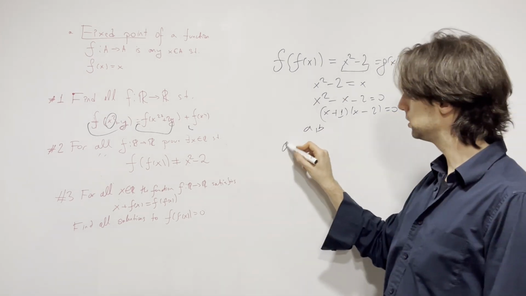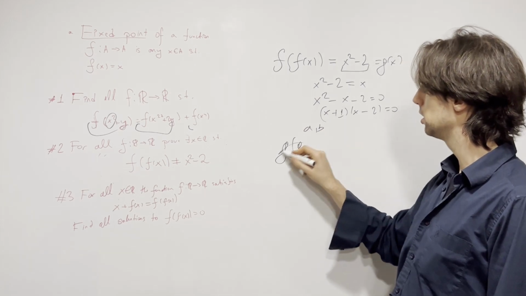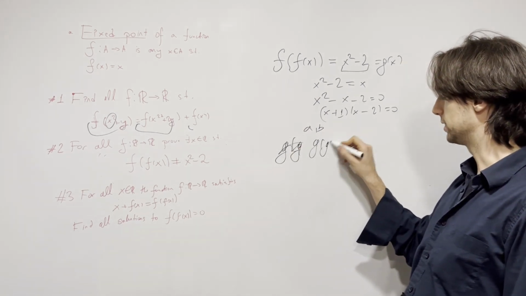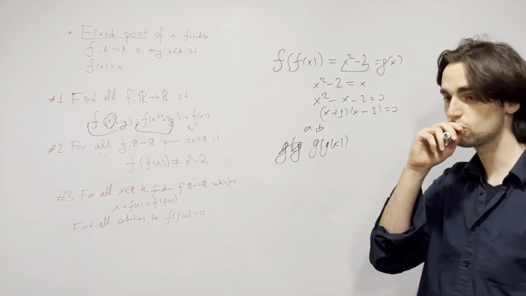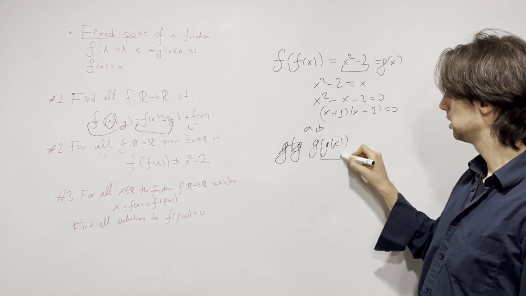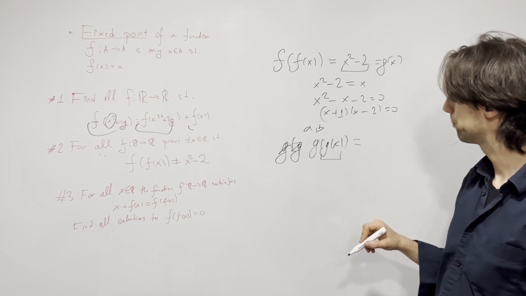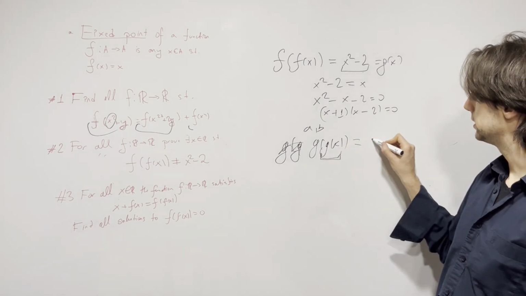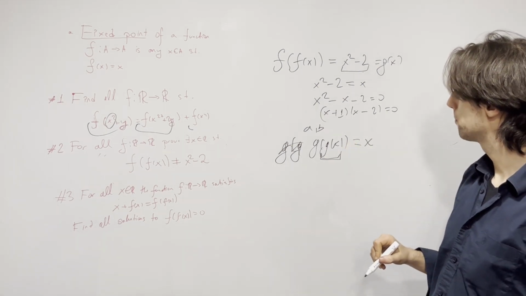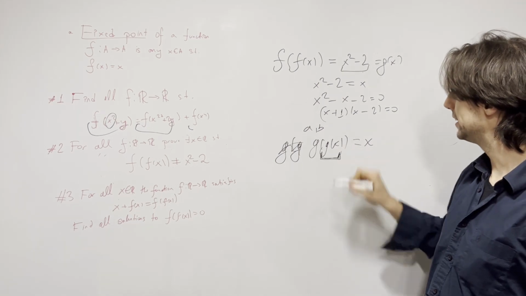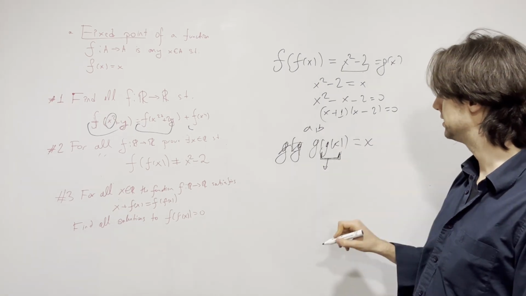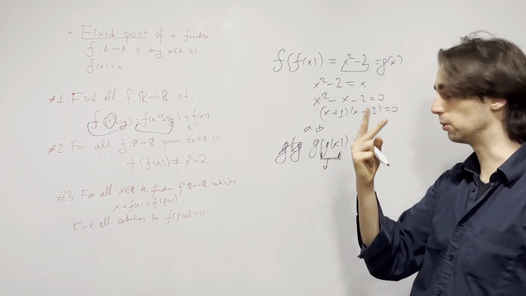Now how many fixed points does the function g of g of x have? Well, this is equal to x if and only if the inside is equal to one of the other 2 fixed points.